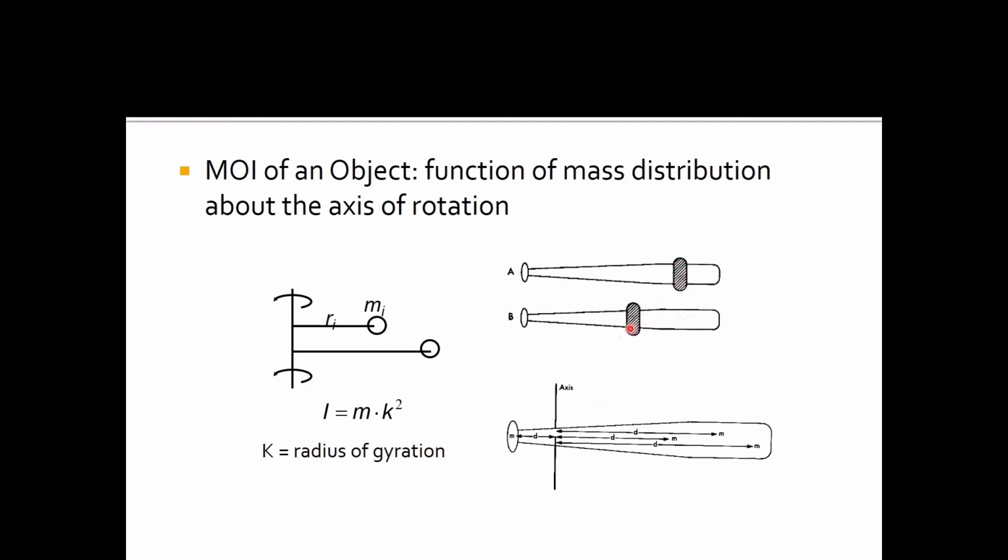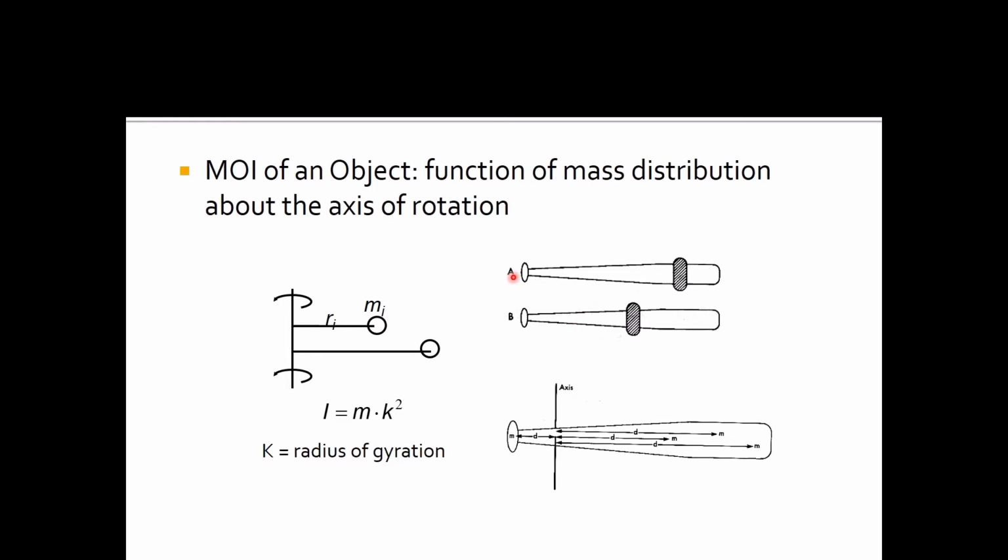These two are the same as well. Let's assume that this part right here is the axis of rotation, and assume that we can rotate this bat about this axis of rotation, like this.